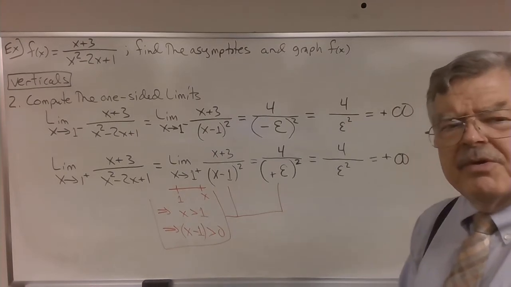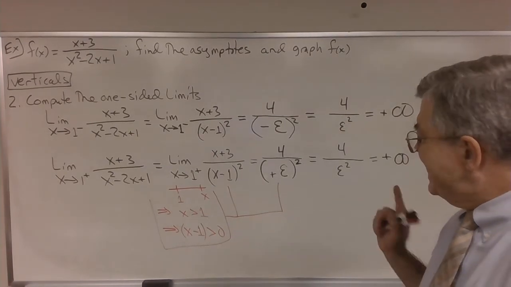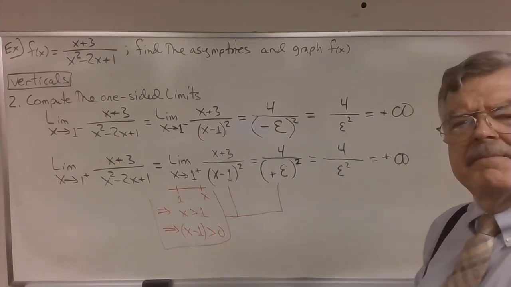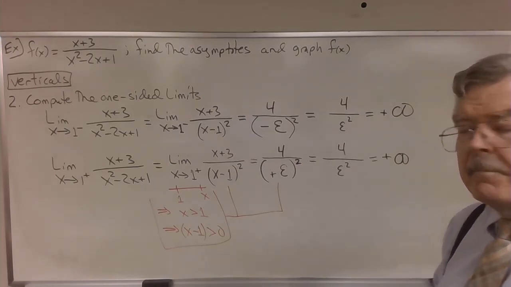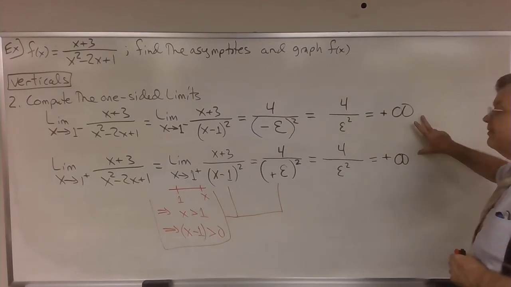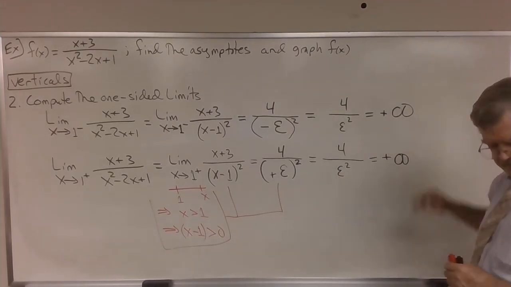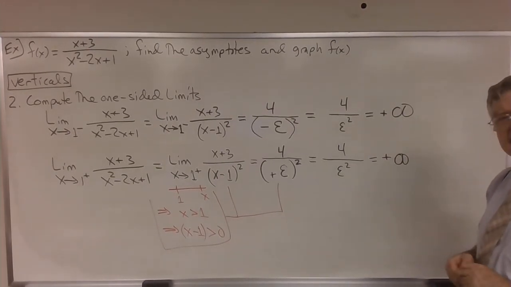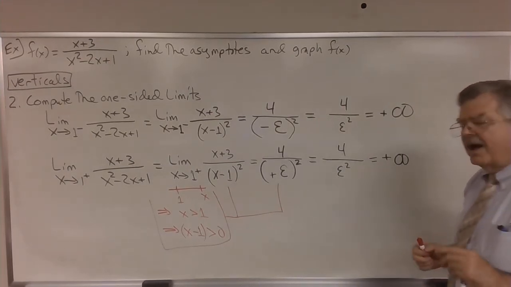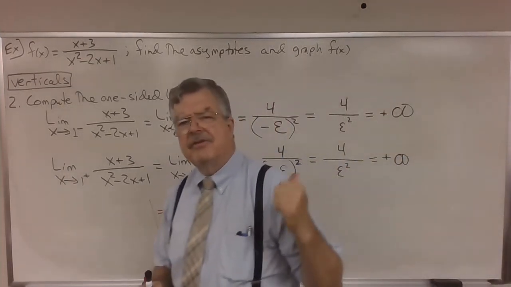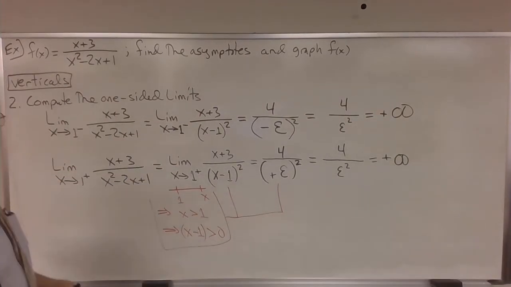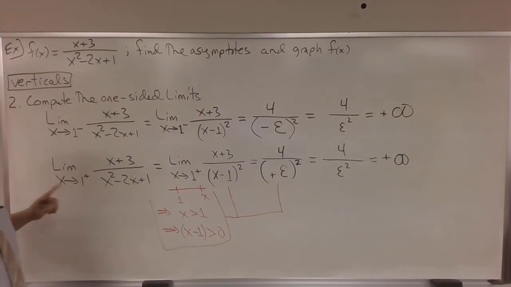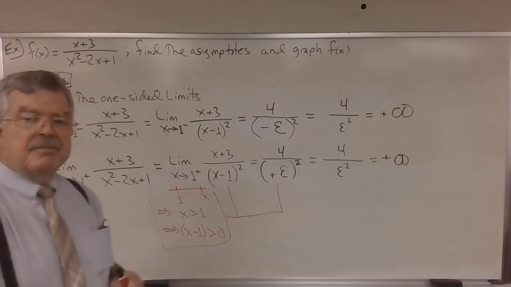I computed the one-sided limits as x approaches 1. Now, what do the results tell me? How do I know from these one-sided limits whether or not x equal 1 is a vertical asymptote?